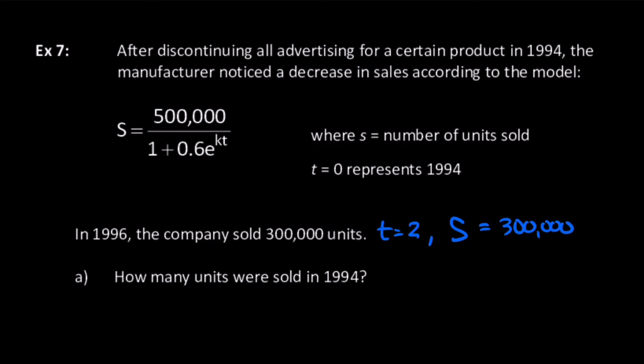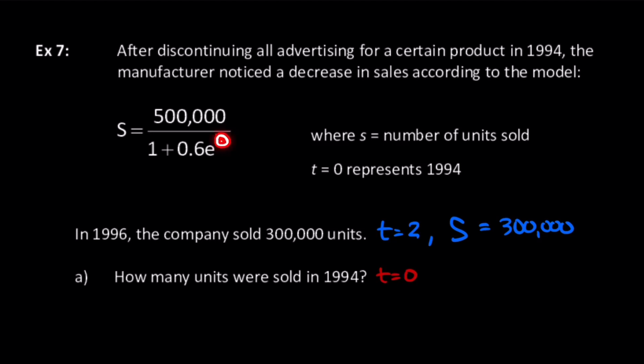A, how many units were sold in 1994? Well, I don't really understand how this works. It doesn't look like our typical exponential model, so I don't know what the initial value is. But if we think about 1994 and what t equals 0, and look at t up here, it's an exponent. I don't care what k is. k times 0 is 0.